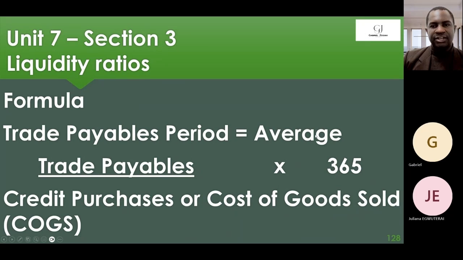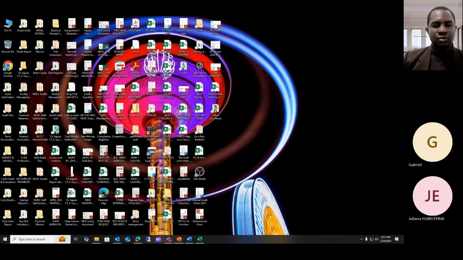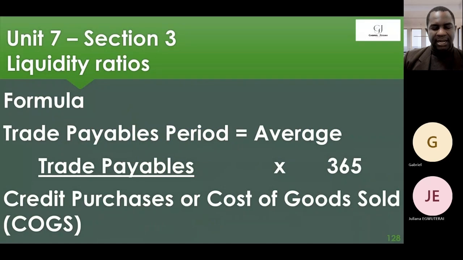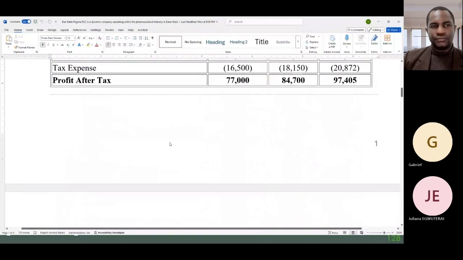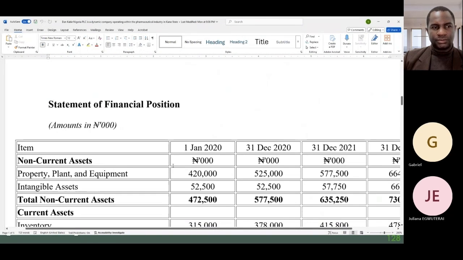Same way with the receivables, we have to do an average. We have the 3-year financial statement, so the beginning and the ending, I will divide by 2 to get the average. So let's practicalize this formula and see how many days it takes for Dan Kabir to pay off his creditors.